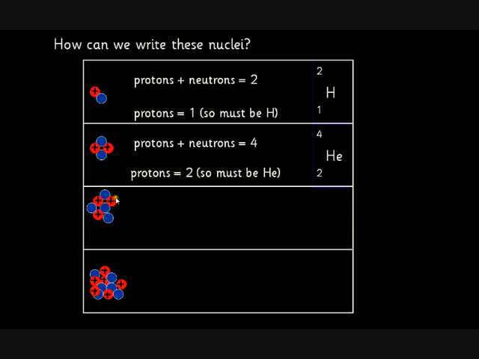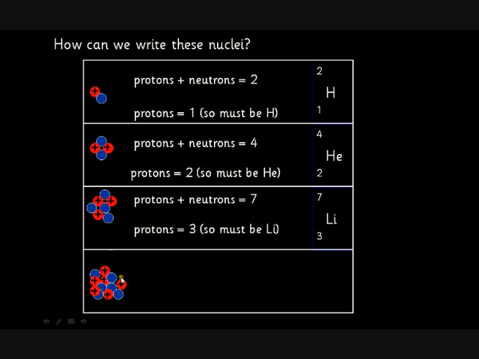I've got 3 protons and 4 neutrons. Now I know from my periodic table that 3 protons must be lithium. The mass number, if I add all these together, has got to be 7. So on my periodic table, the symbol for lithium is Li, and my bottom number would be 3 for the atomic number, 3 protons, and my top number would be 7.